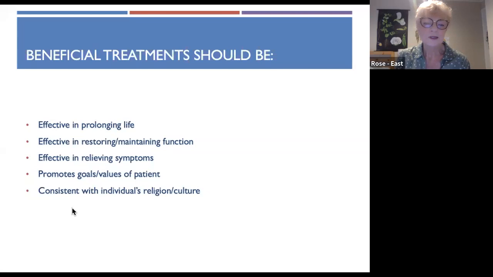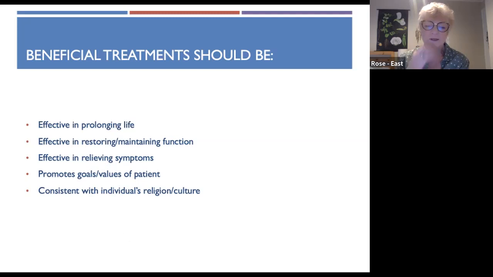So beneficial treatments should be effective in prolonging life. Well, I guess so. Yes. If you're talking about treatments, yes. Restoring or maintaining function. To me, that's all palliative care. And it's all about relieving symptoms.